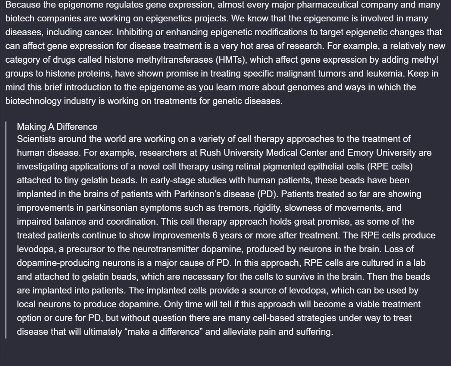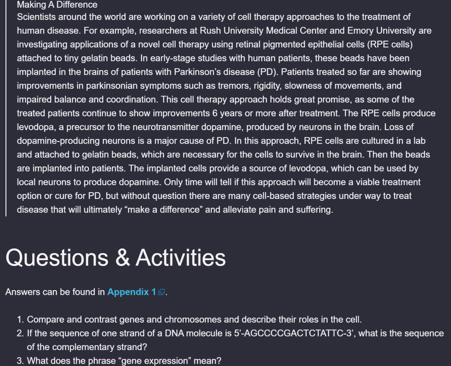For example, a relatively new category of drugs called histone methyltransferases, HMTs, which affect gene expression by adding methyl groups to histone proteins, have shown promise in treating specific malignant tumors and leukemia. Keep in mind this brief introduction to the epigenome as you learn more about genomes and ways in which the biotechnology industry is working on treatments for genetic diseases.